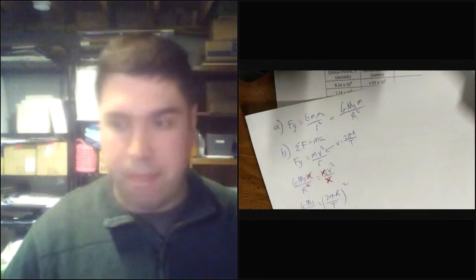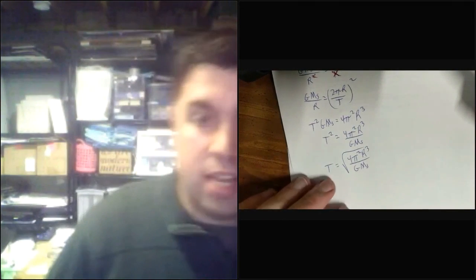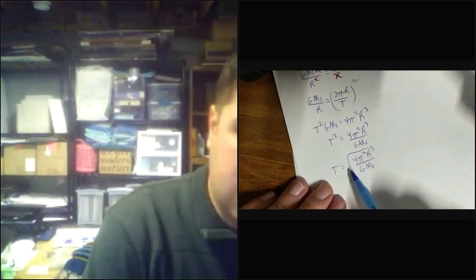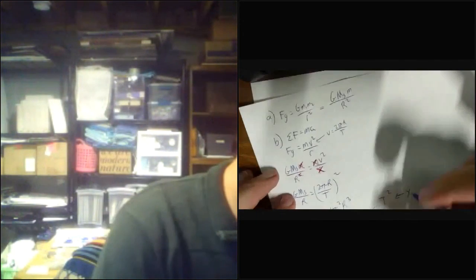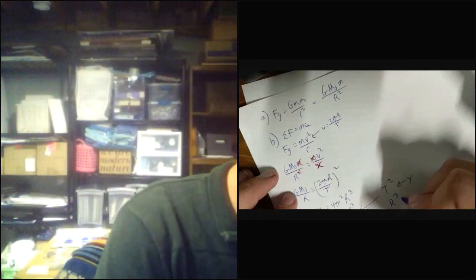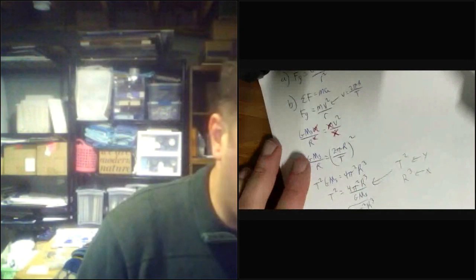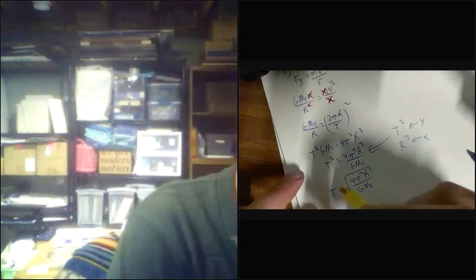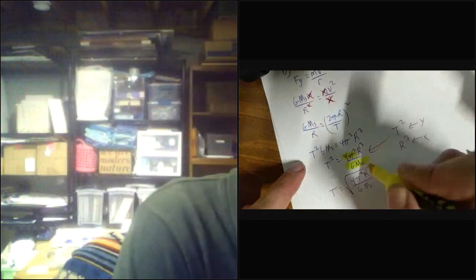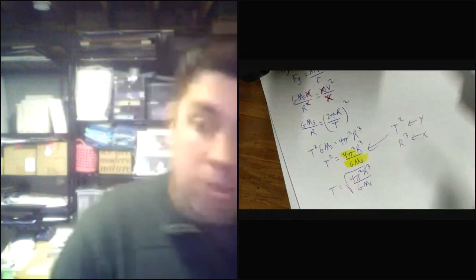Hey, there we go. Okay. So my apologies for that. The basic idea here is that we are going to take this line right here, and I'm going to put T squared on the y-axis, and then r cubed on the x-axis. And what this should do is basically anything in my equation over here that was not a T squared or an r cubed becomes the slope.